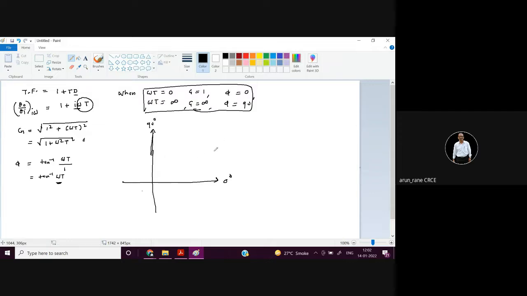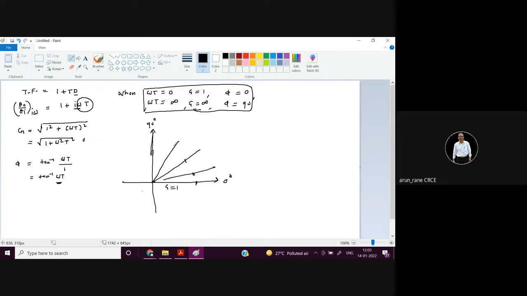Now when phi is equal to 0 degree, what is the value of g? The value of g is 1. Okay, so this I will say g is equal to 1. And when phi is equal to 90 degree, this G will reach infinity. Now in between you draw various values of phi. So let's take, say, phi is equal to 10 degree, phi is equal to 45 degree, phi is equal to 60 degree, and you go on marking the value of G. This is the maximum value you are going to get.